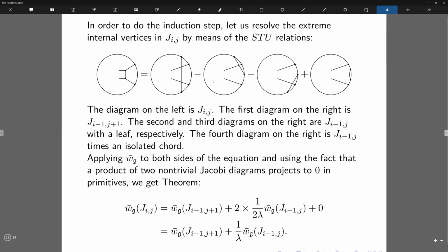And the way we deal with the Jacobi diagram Jij is just to resolve these 2 vertices into these 4 parts. This part is just with one chord less, which is i minus 1, j plus 1. And to these 2 we apply the leaf lemma. And this one has an isolated chord, so after the projection, this is 0. So I get the theorem that I stated before.